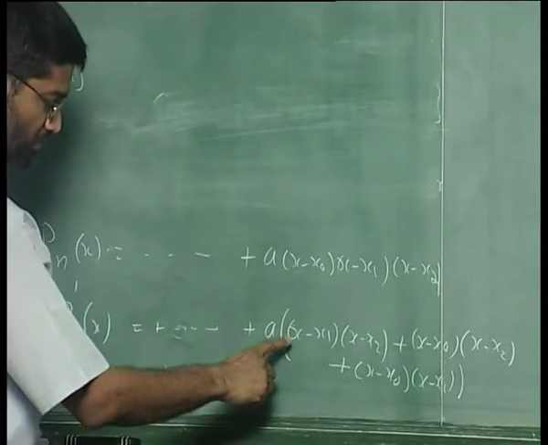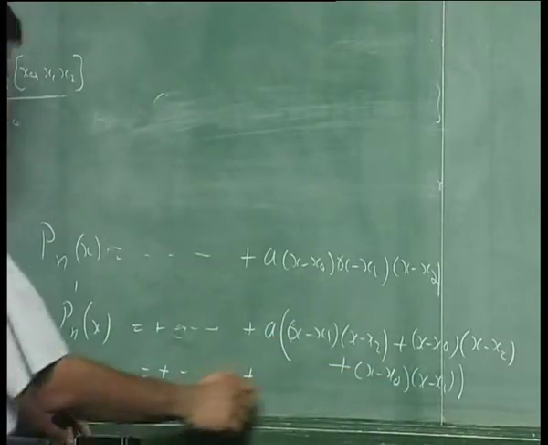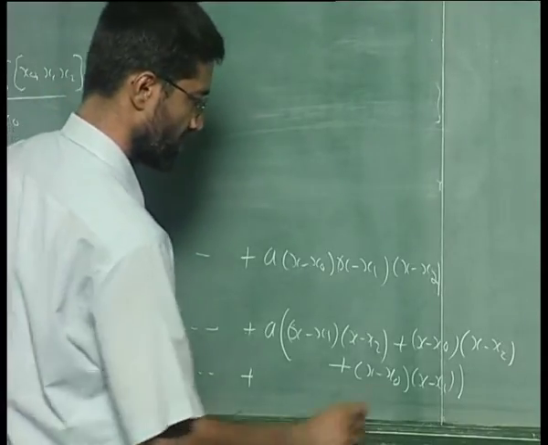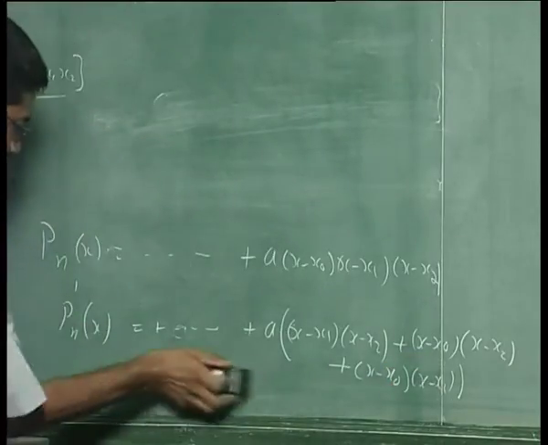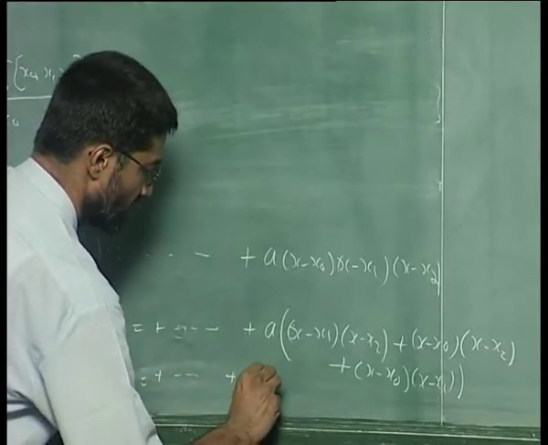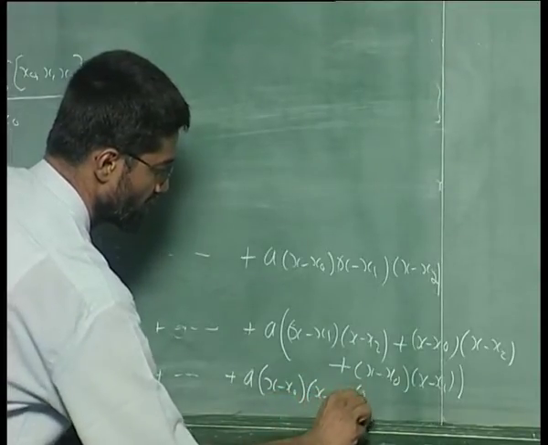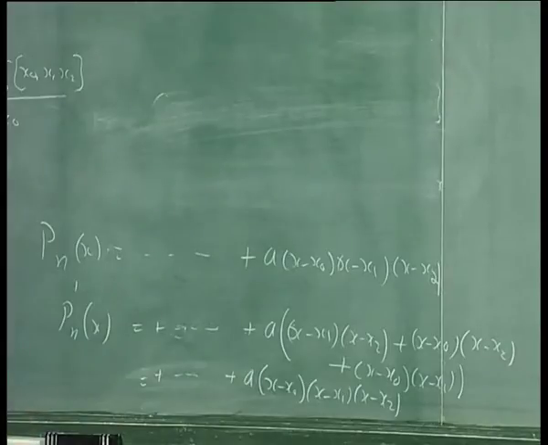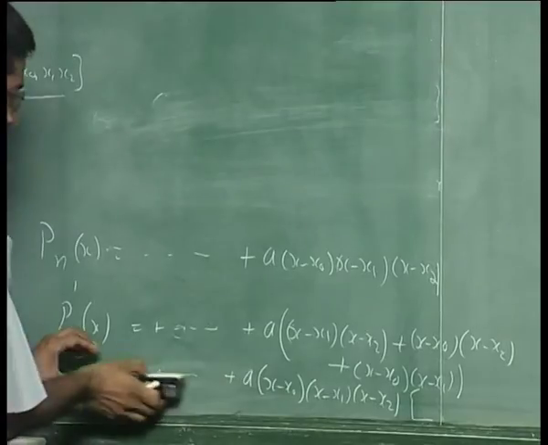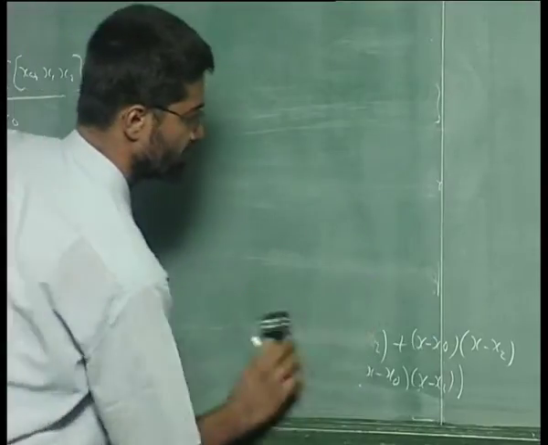We are saying that we can write it as a product of three terms divided by x minus x 0, x minus x 1 etc. So, I will write a into x minus x 0 into x minus x 1 into x minus x 2, and then we will write it as a sum. Let me write this again.